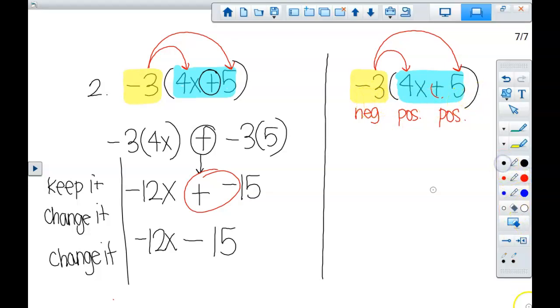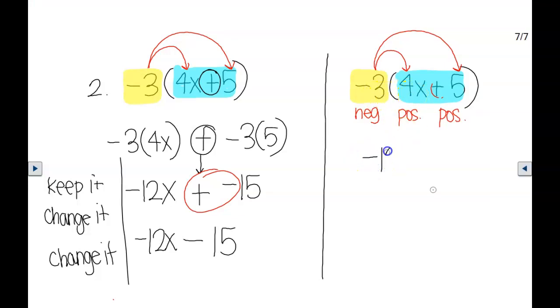All right, so here we go. When I do negative 3 times positive 4x, I'm going to do negative 3 times 4. That is a negative 12. And then remember, we're just going to bring down that x and reattach it. Same thing that we did over there on the other side.